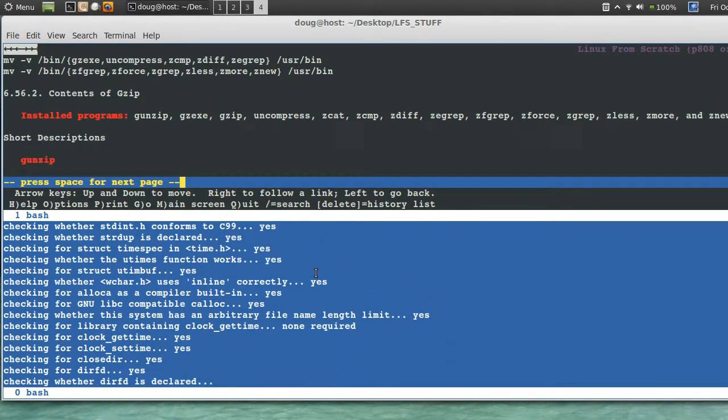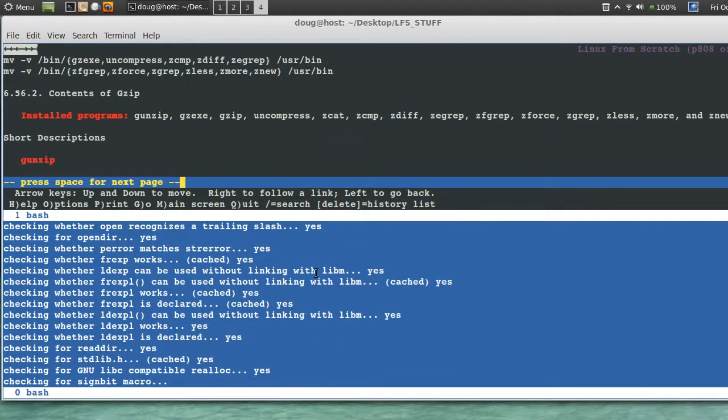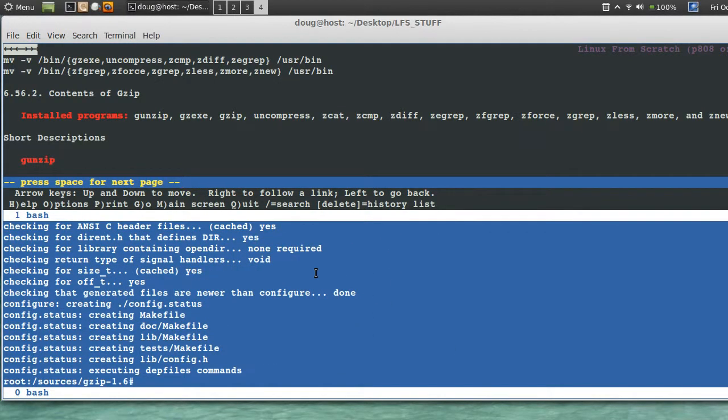We've got to move over some stuff to /usr/bin. Make install.